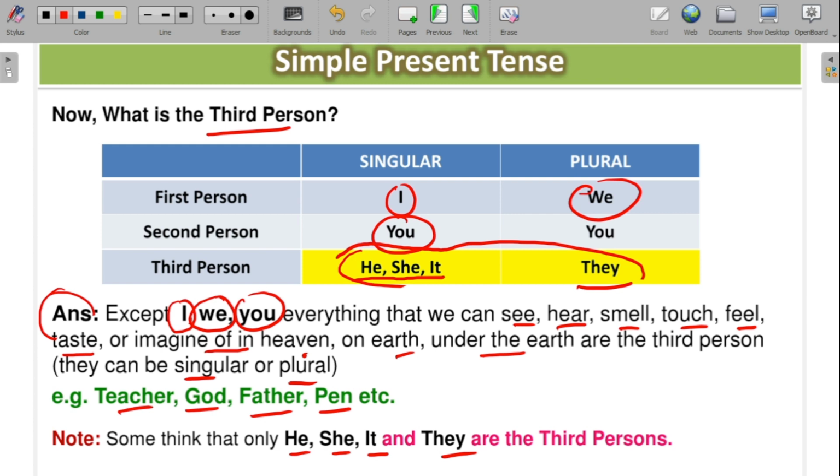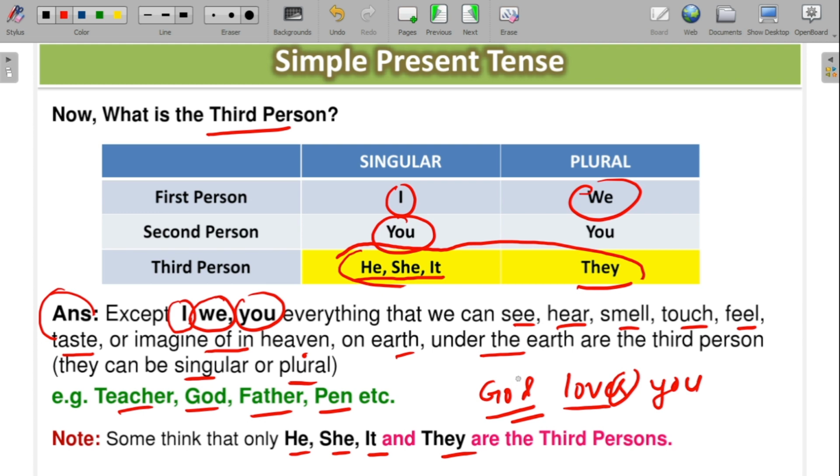When we say God loves you, then what happens? See, let me write for you. When we say God loves you, we add S here. God loves you. That means God is third person singular.